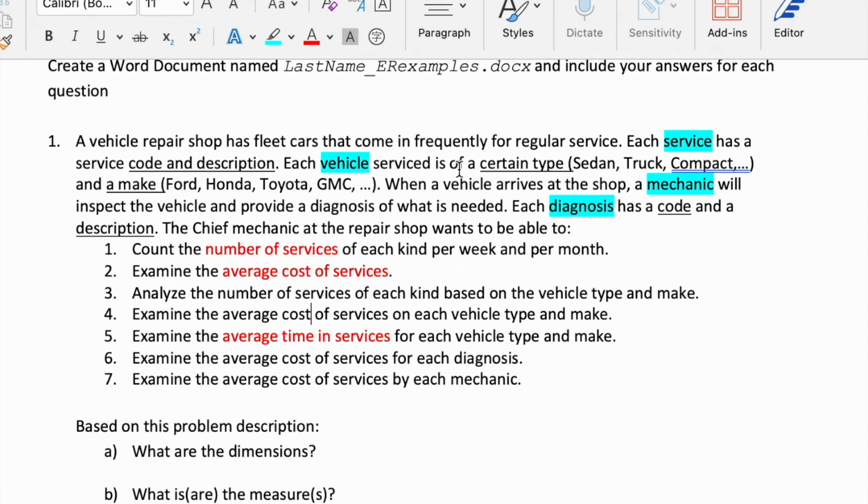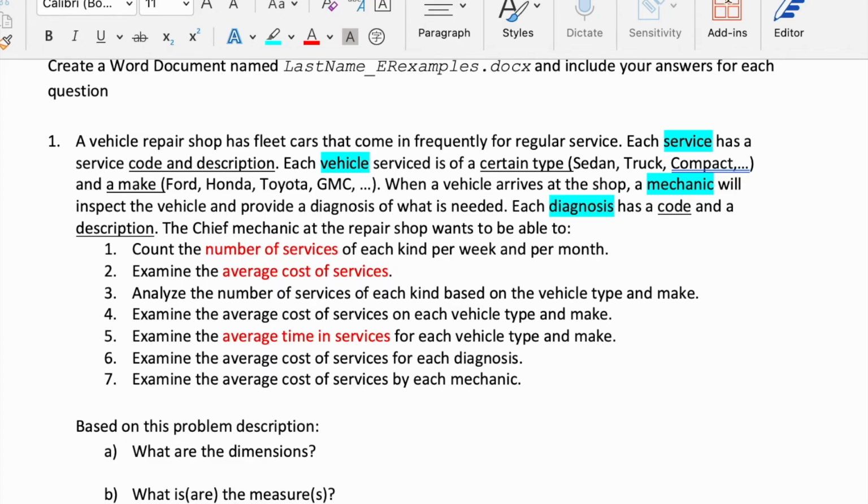The mechanic could also include several attributes, maybe the years they've worked, and since they have a name, last name and first name. Moreover, the diagnosis could have attributes including the code and the description.